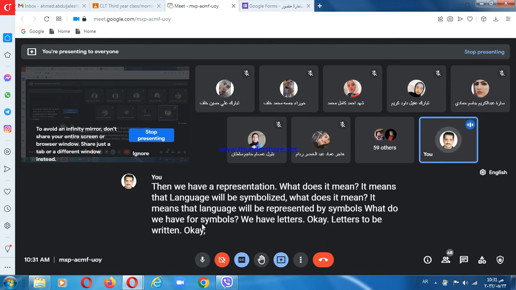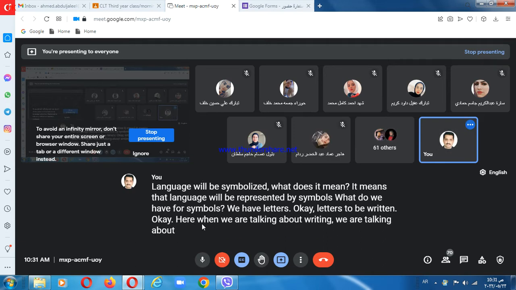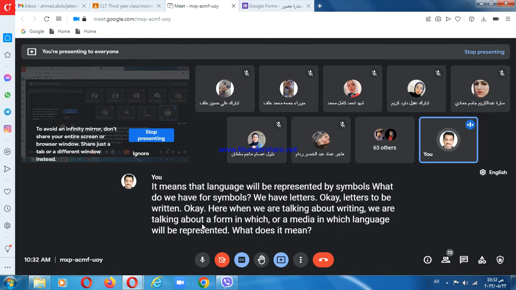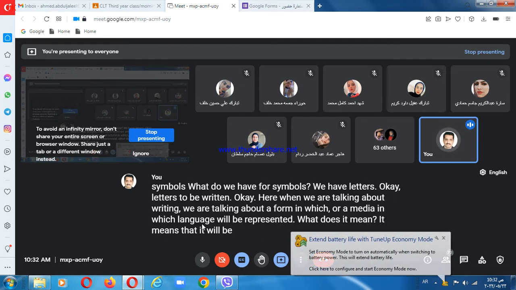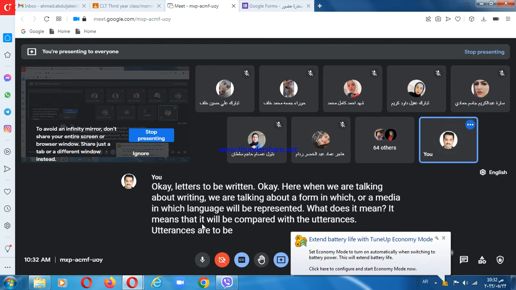When we are talking about writing, we are talking about a form, or a medium, in which language will be represented. It will be compared with utterances. Utterances are to be spoken, and then words and sentences are to be written.